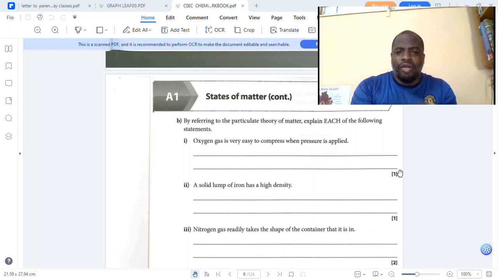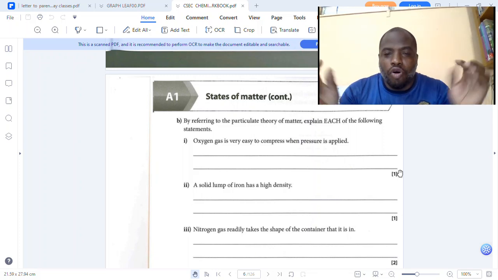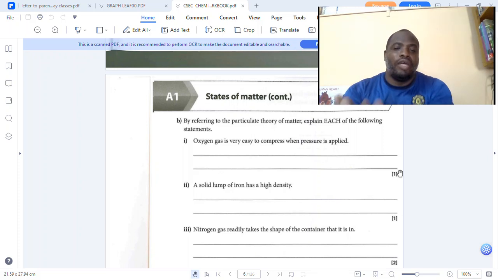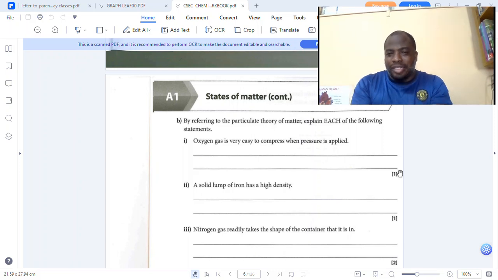So, why does a solid lump of iron have a high density? Let's use that word from geography. We're talking about population density, which is how many people are in a geographical area. When you think about closeness, high density means the area is so dense.